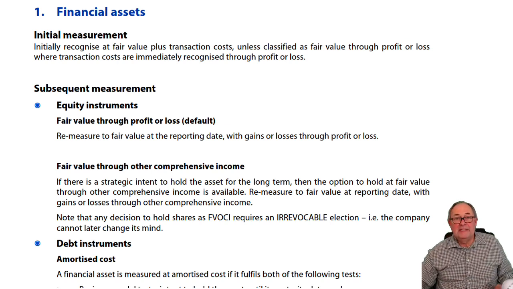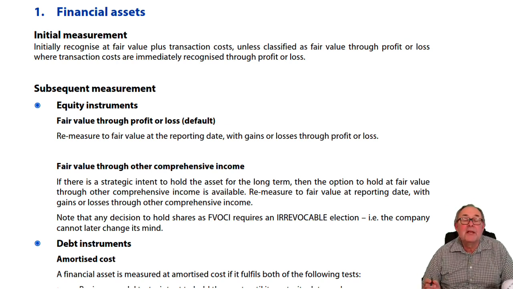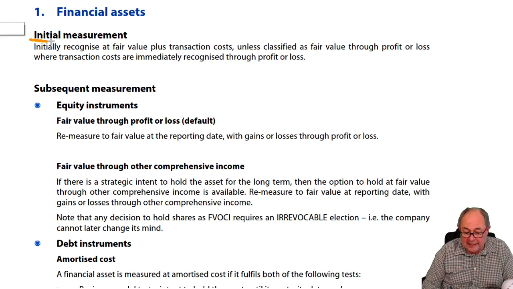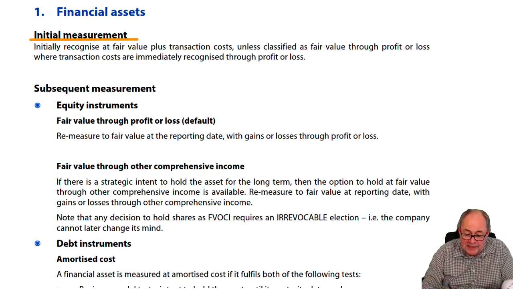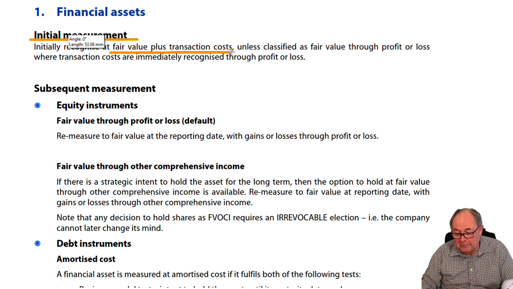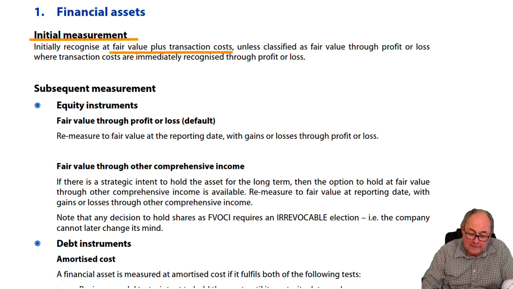So when we deal with financial assets, the first issue is how do we measure them initially? In terms of initial measurement, generally speaking, initial measurement is at the price paid. Now, the official rule is fair value plus transaction costs.